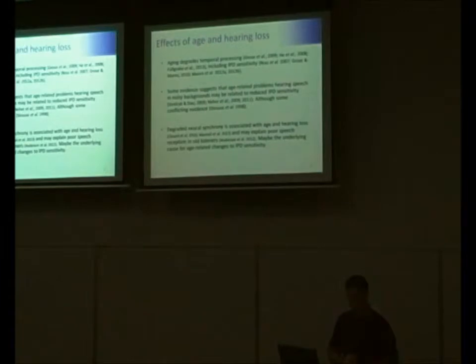So that's what we're testing here: the degradation of the ability to use these interaural phase differences. Is that explained by changes in the neural synchrony, the underlying phase locking in the auditory nerve?